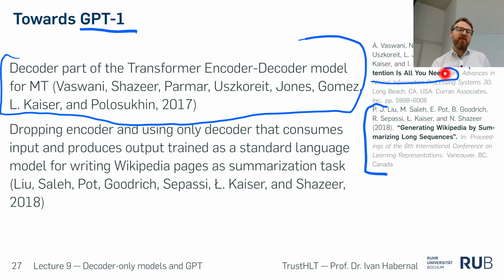The task they were interested in was sequence to sequence, like machine translation. So the first transformer models were basically tested on machine translation.